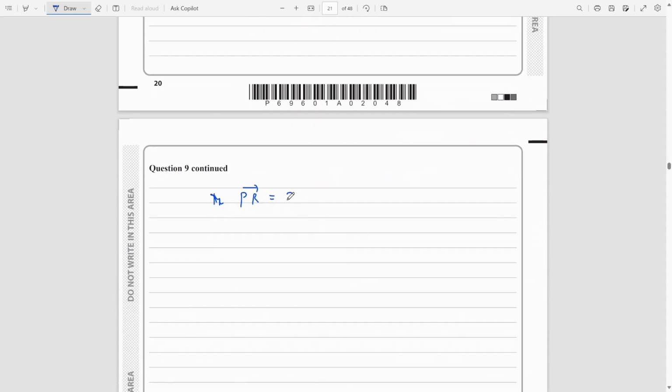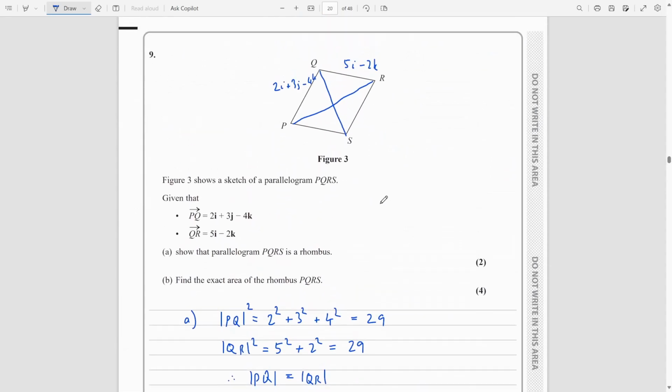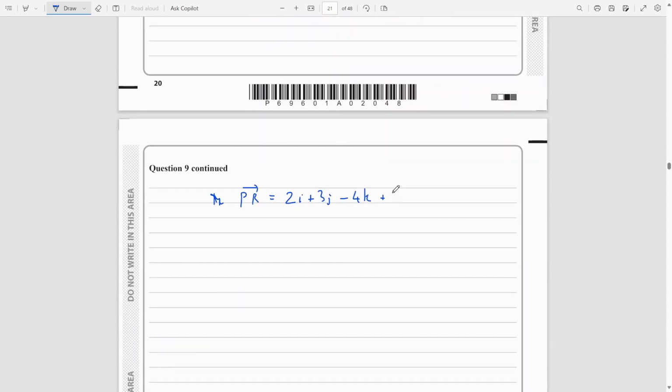So that's 2i plus 3j minus 4k plus QR, which was 5i minus 2k. In total, that's 7i plus 3j minus 6k.